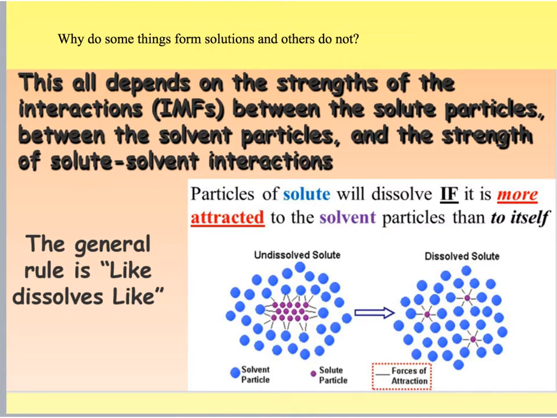So we dissolve most things in water. Essentially, if the solute, or the solid, which is coming apart or dissolving in water, likes water better than it does itself, then it's going to be more attracted to the water than it is to its actual self. This is intermolecular force interaction.